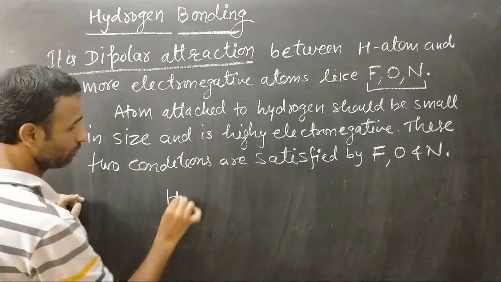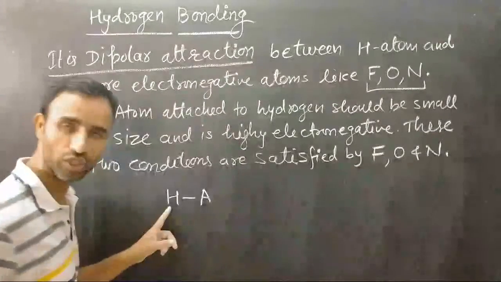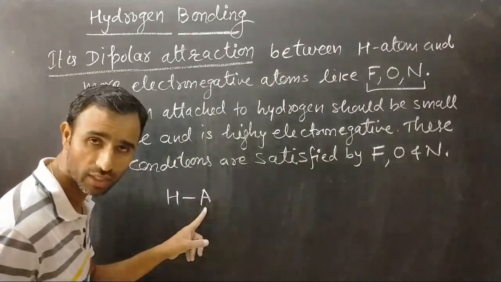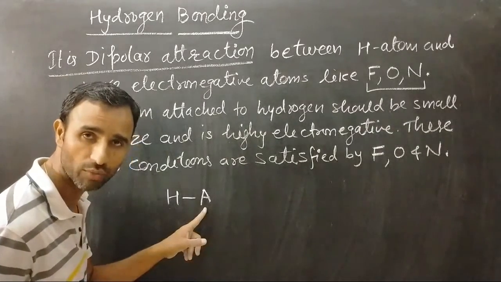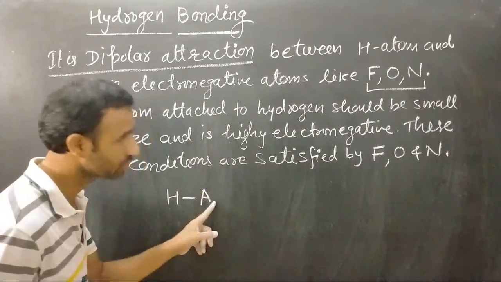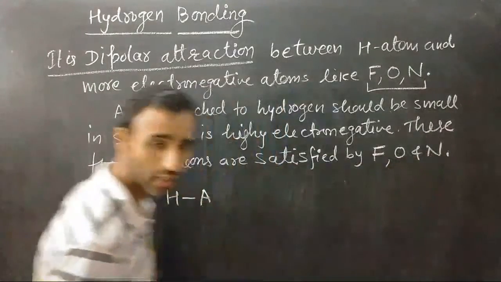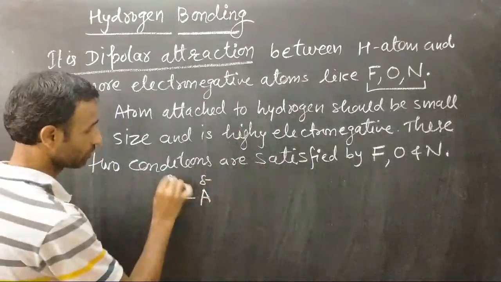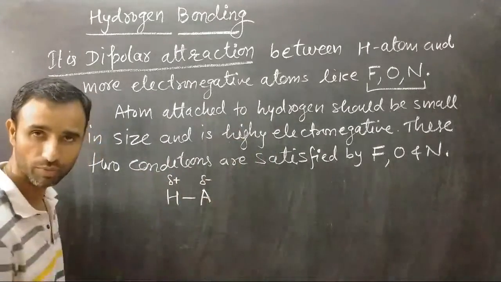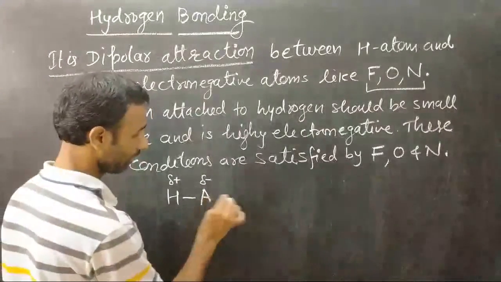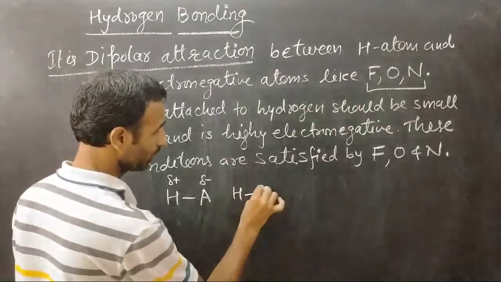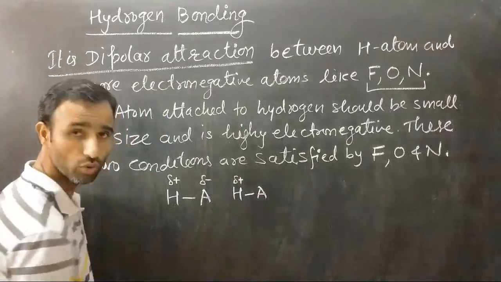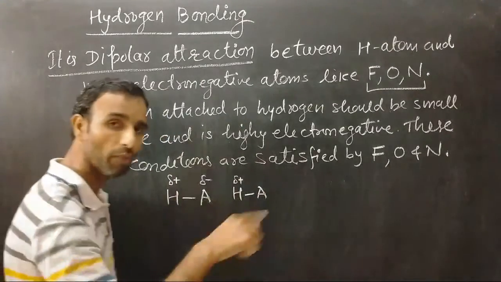See, if we have H and A, H is hydrogen and A is the atom which is small in size and highly electronegative. A is either fluorine, oxygen or nitrogen. So A gets partial negative and hydrogen gets partial positive. So this A will interact with hydrogen of another molecule or another group of the same molecule.